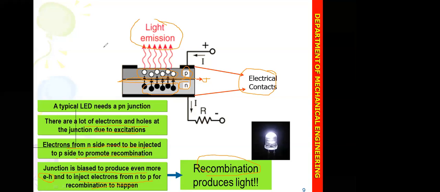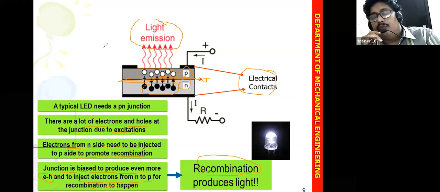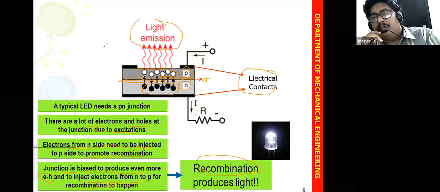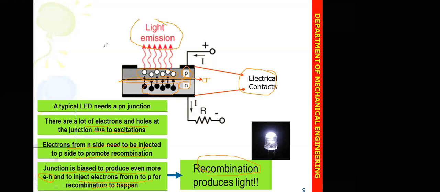PN junction diode controls the flow of electric current in a circuit. Flow of? Electric current, sir. Okay, right. In a PN junction diode, forward bias, what are the majority carriers?